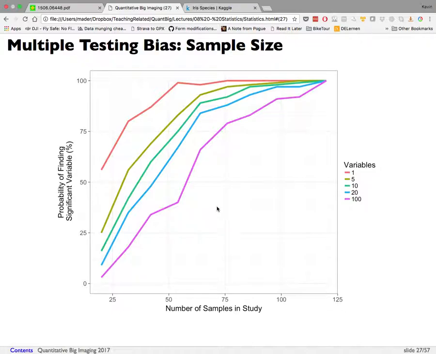I mean, that's what we want to have. What we see is that if we now have 100 variables in our study, with that same group of 25 patients, the likelihood that we actually find the statistically significant variable goes from 55% down to 2%.